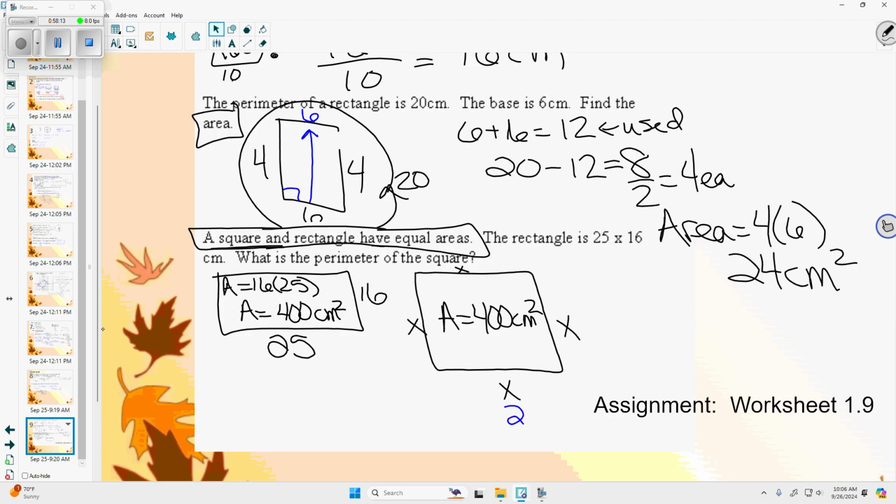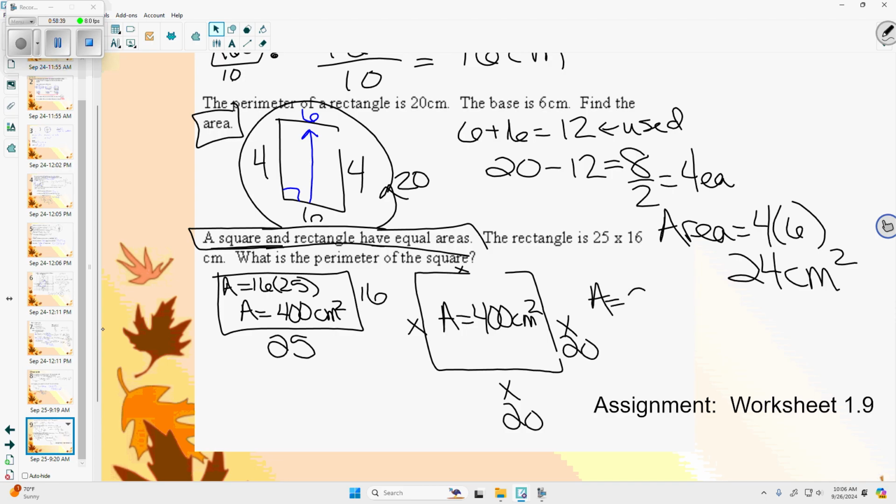How do I find area? How do you find area of a square? What's 25 times 25? Is that 400? No, so they're not 25s. Why is it 20? Because 20 times 20 is 400.